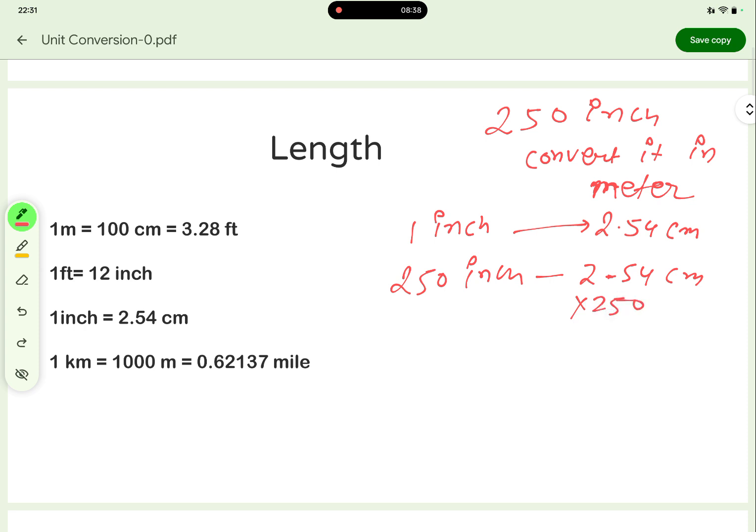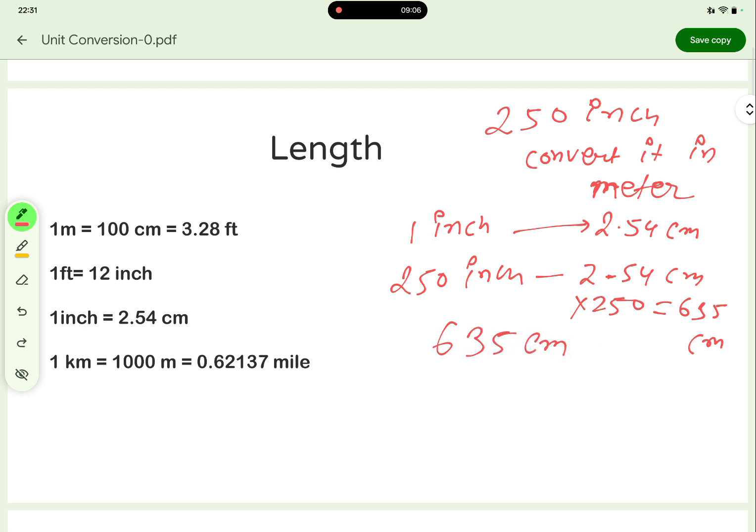So let me do the calculation. 2.54 multiplied with 250, you will get 635. This much amount of value you will get in centimeter, right? So now we have 635 centimeter.